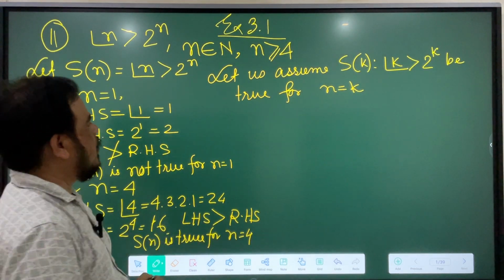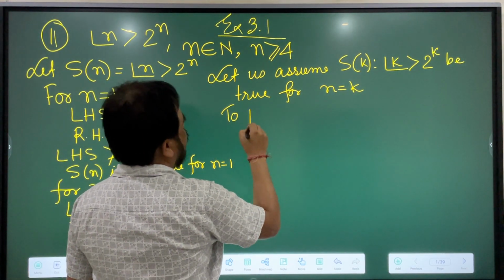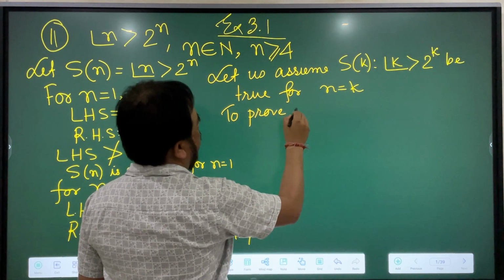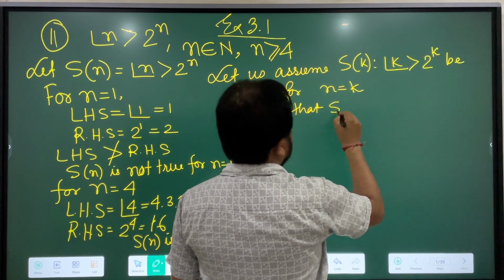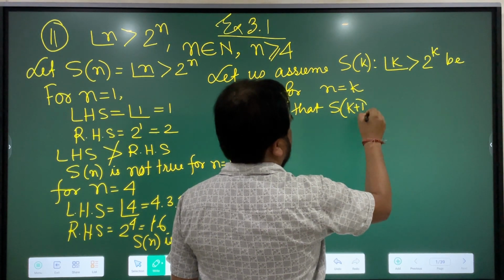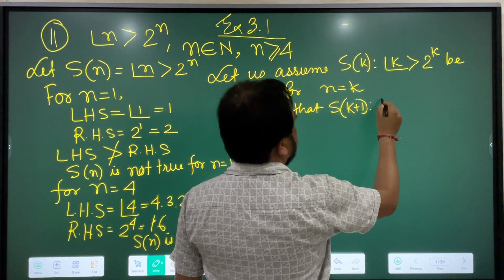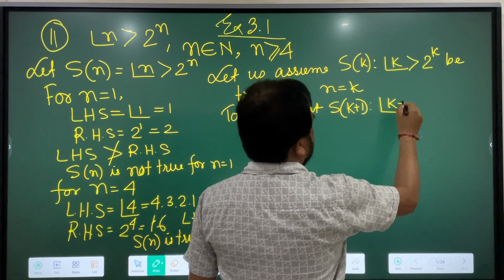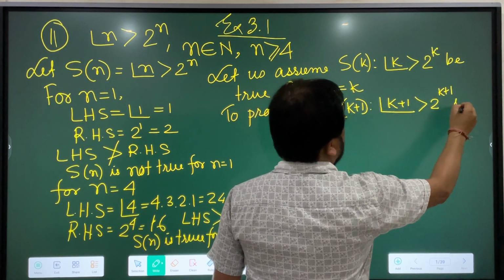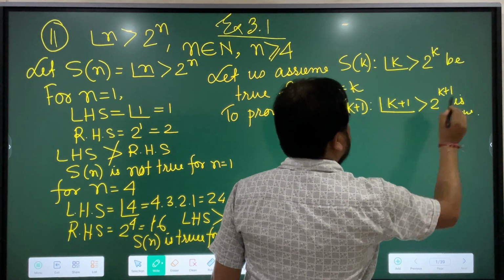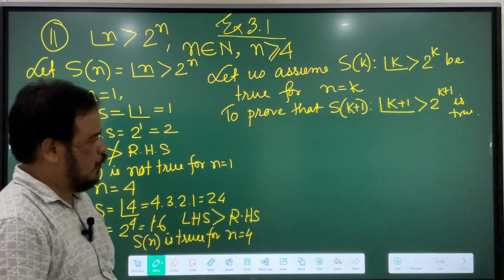That is the same thing. Now, what is to prove? To prove that Sk plus 1, such that factorial k plus 1 is greater than 2 to the power k plus 1, is true. That is what we have to prove.